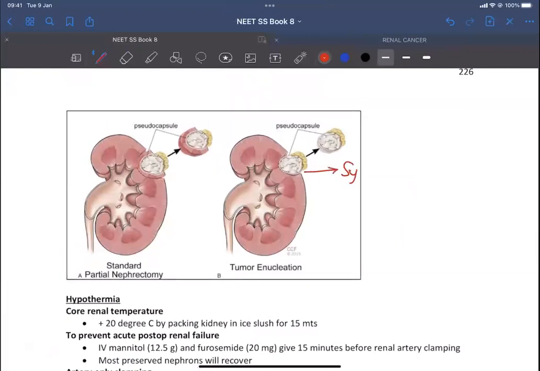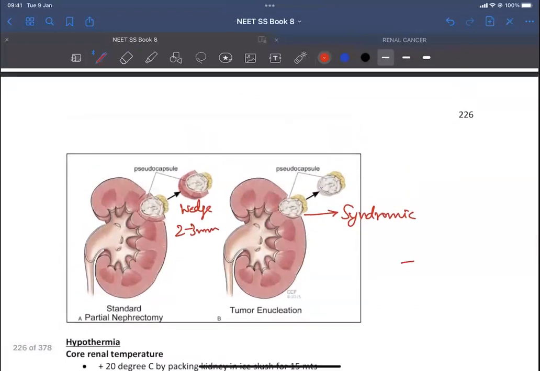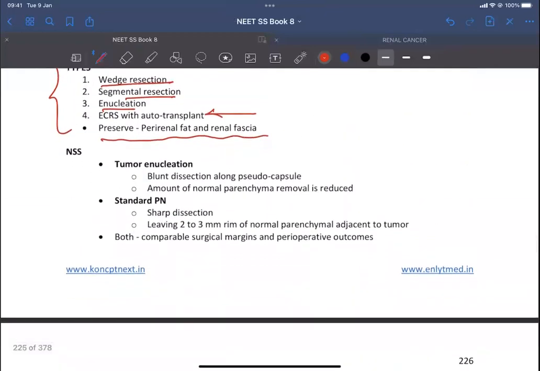This is especially preferred for syndromic cases where you're not very bothered about positive margins. Standard partial nephrectomy is where you do a wedge resection, and we only need a 2 to 3 millimeter margin around the tumors. Even if you get a positive margin, the usual technique is to observe even for non-syndromic cases.